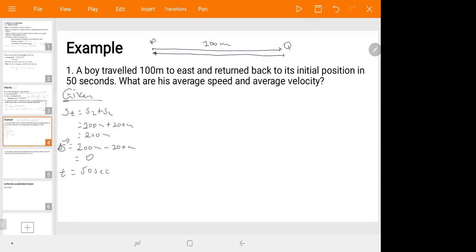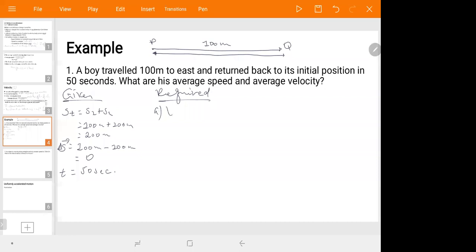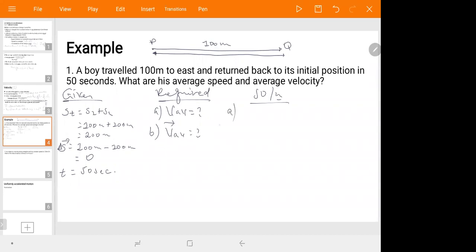What's required? Average speed and average velocity. Solution for A: average speed is equal to total distance divided by time taken.